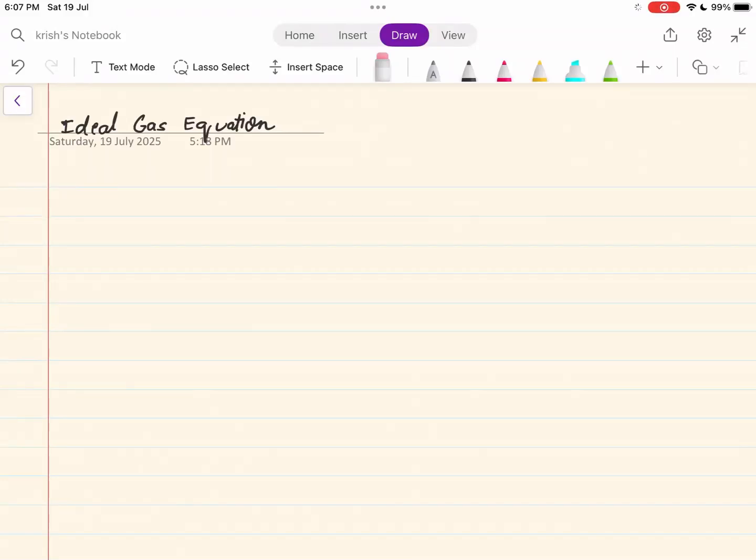Okay, so in this lecture, we will be talking about the ideal gas. Now we all know what an ideal gas is, so let me just write it down. Obeys the PV equals nRT law.